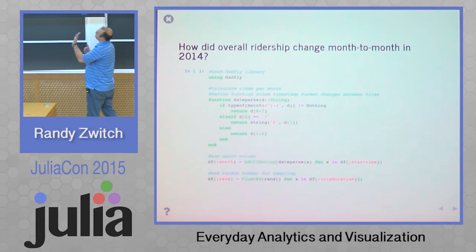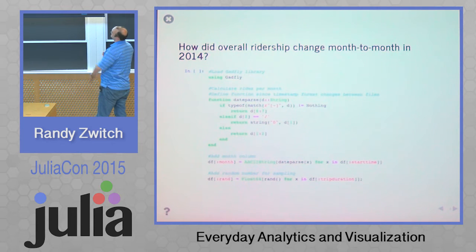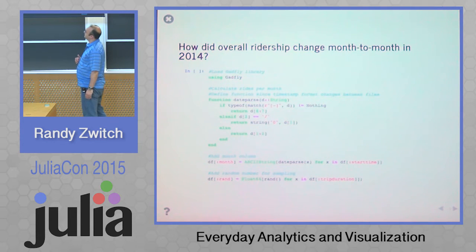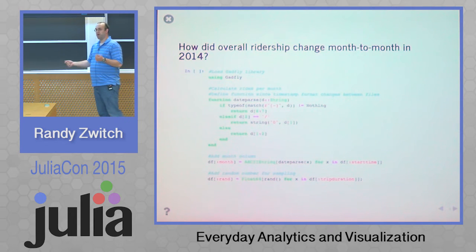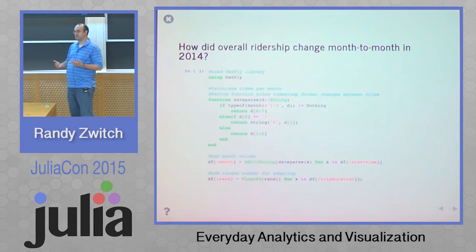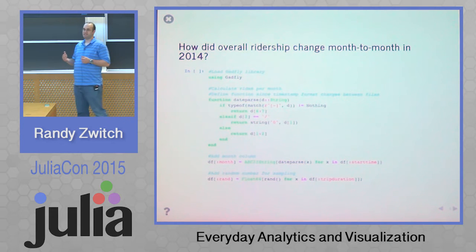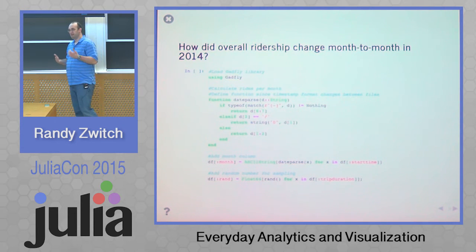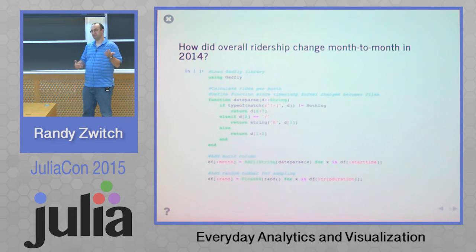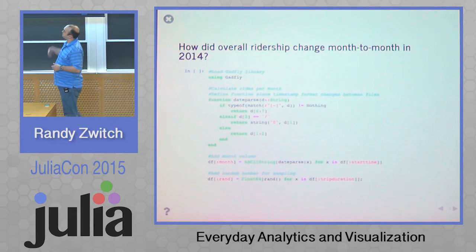Once we do that, we can just do a simple list comprehension to add a new column called month to parse out what month this is in. Since we're doing all 2014, I didn't feel that it was necessary to actually fix the date stamps. We just know that the data set goes from January 2014 to December 2014, and thus month is sufficient.